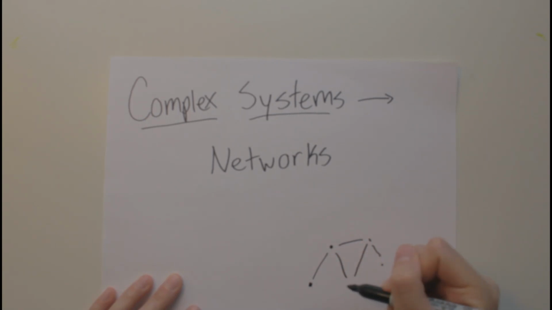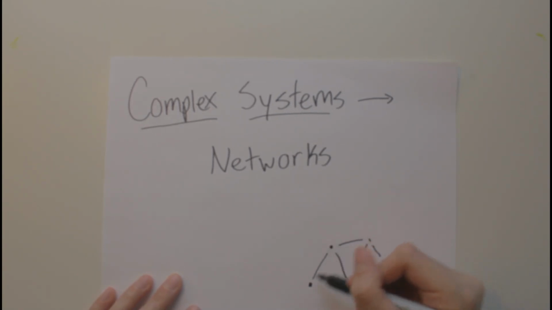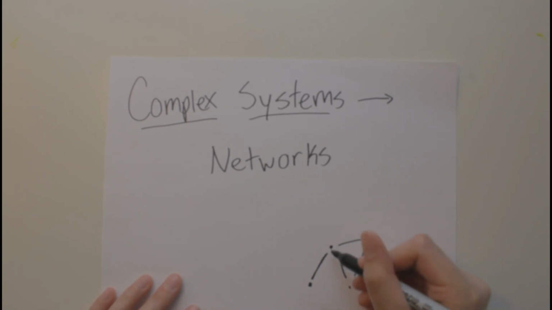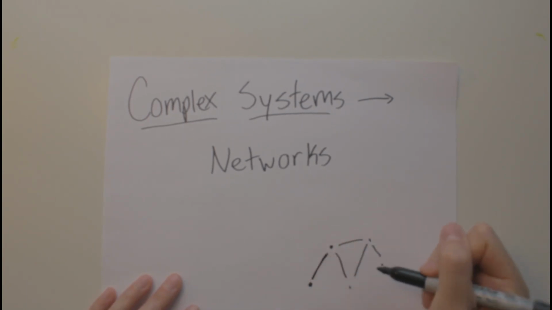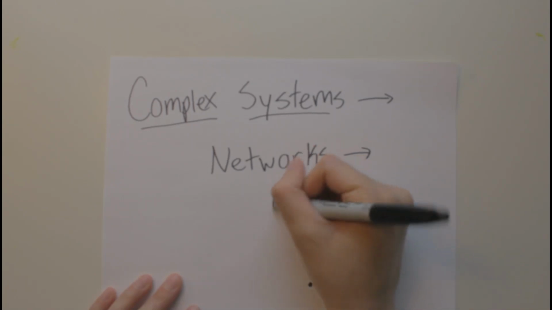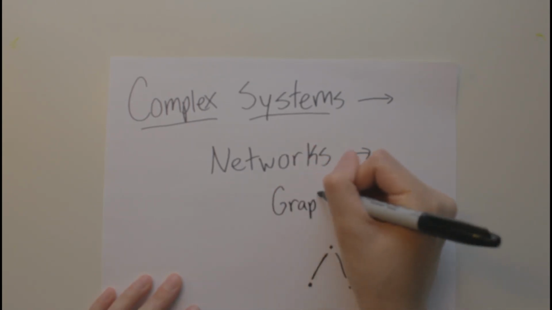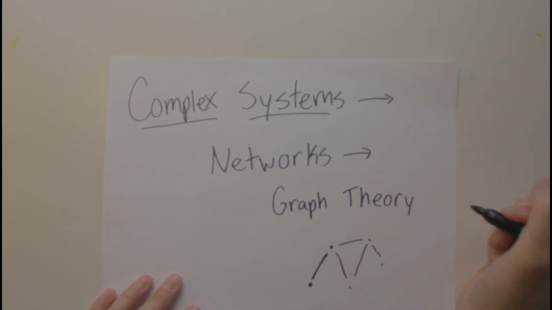If this was a neural network, those components would represent neurons, and the connections between them would be the synapses between those neurons. Or if this was a social network, the components would represent people, and the connections or the interactions would be a friendship relationship. Now, networks are described by graph theory, which is simply the mathematical formulation of networks.